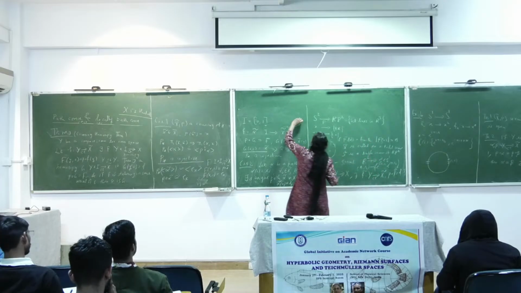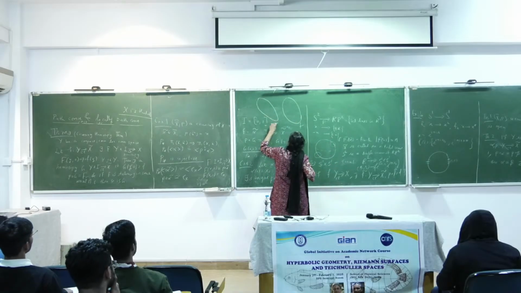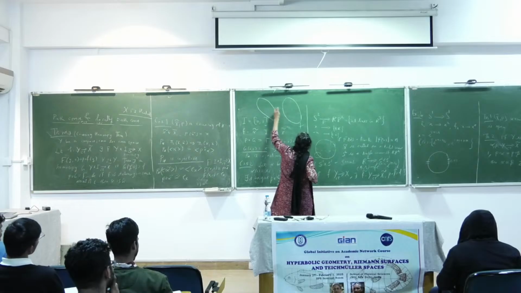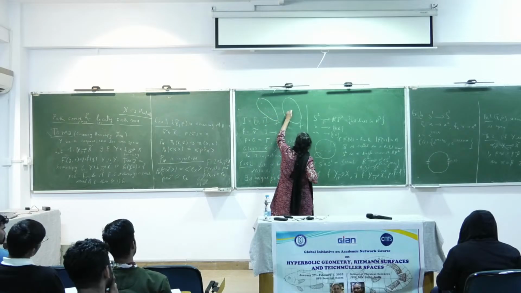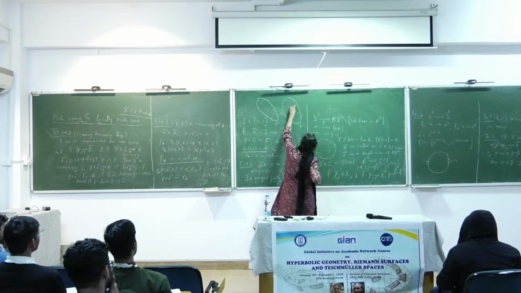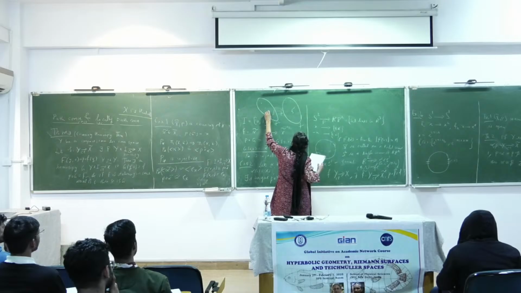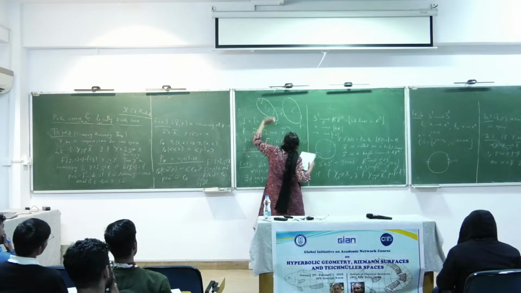So if you have two spaces, like this is x tilde, and let's say these are the inverse images of this point under the map P. Then if I have a path alpha, it need not be a closed path, okay, then at each point I will have some unique path.